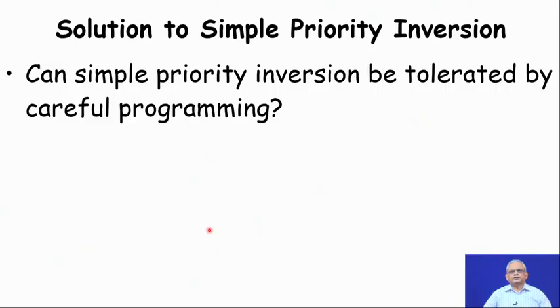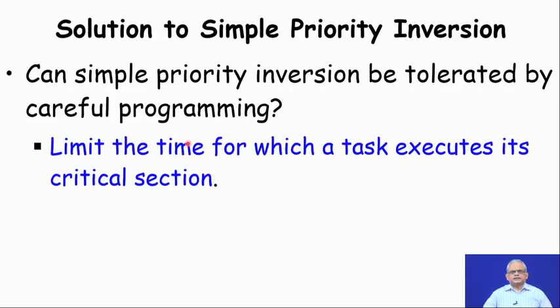Given that the time for which a lower priority task needs to use the critical section is the time for which a higher priority task suffers priority inversion, can we solve the single priority inversion problem through careful programming?